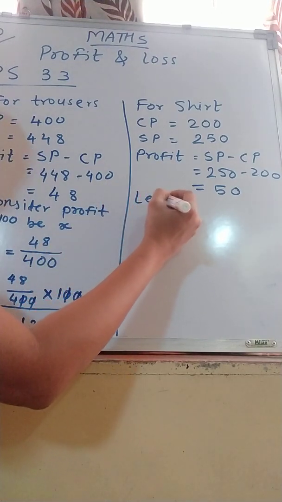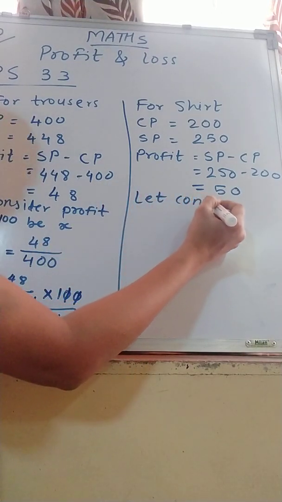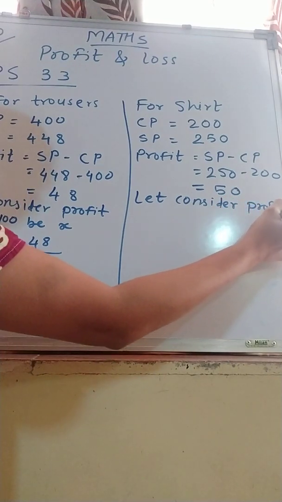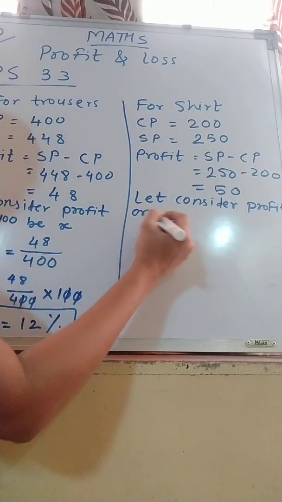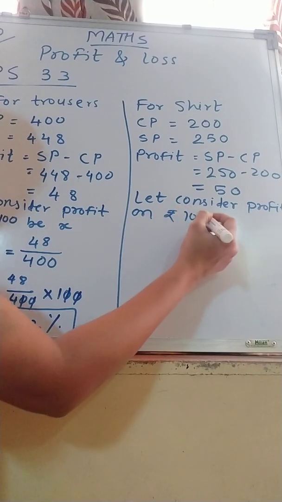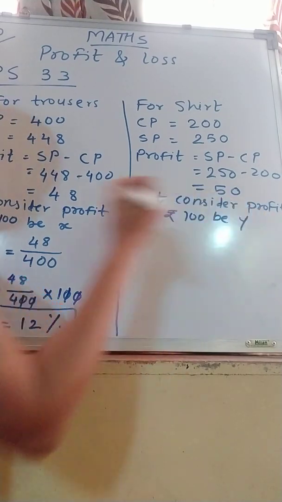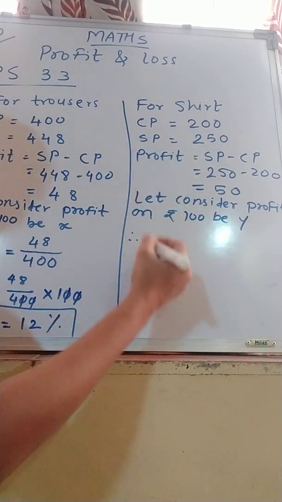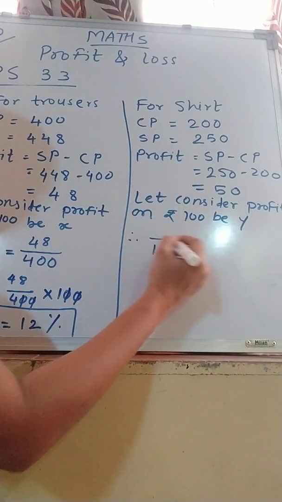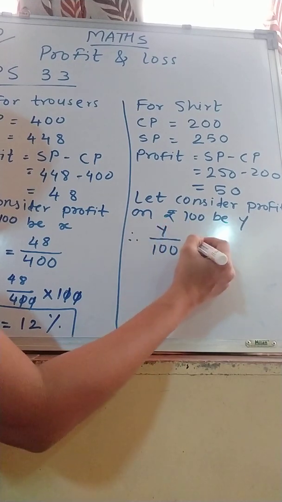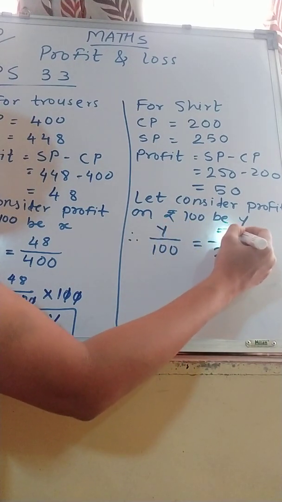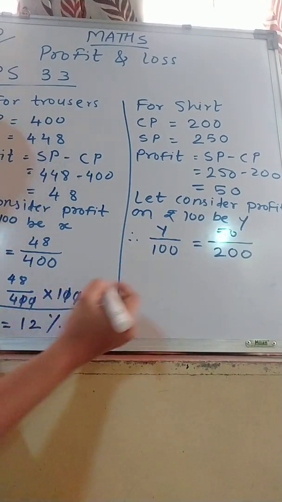So same, let us consider profit on rupees 100 be Y. Make the equation. On 100 profit is Y and on 200 profit is 50. Understood?